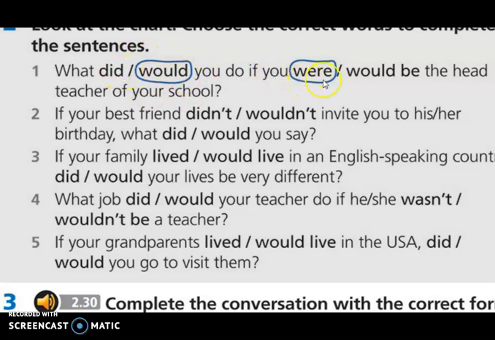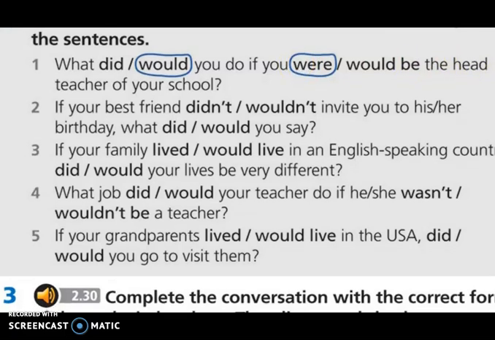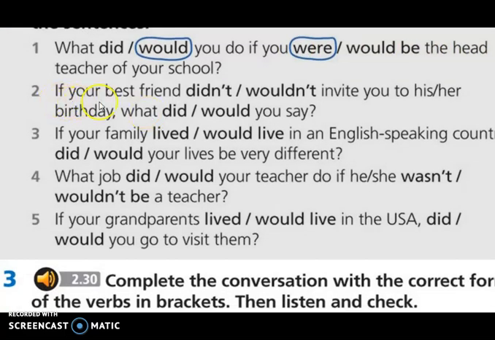What would you do if you were, so past simple, if you were the head teacher of your school. What about number 2? If your best friend didn't or wouldn't, of course didn't, because we used past simple and didn't with the negative form in the if part, invite you to his or her birthday, what did or what would?